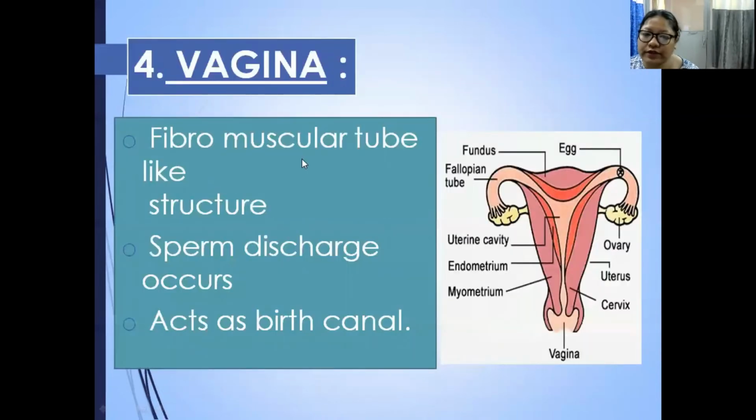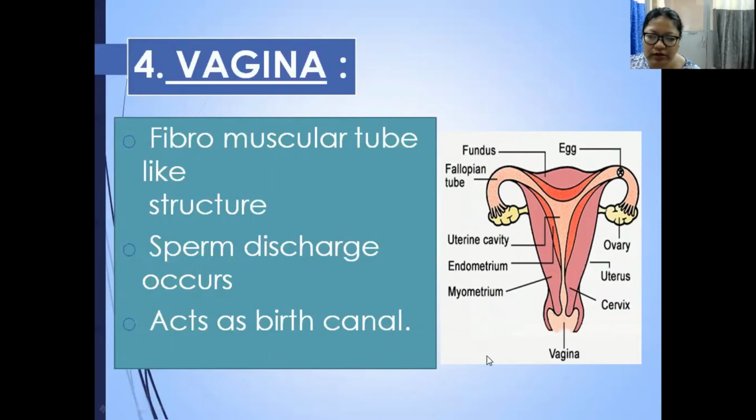Next, we have the vagina. It is a fibromuscular tube-like structure. That means it is a path through which all the discharge takes place. And it is in the vagina that the sperm discharge occurs. What do you mean by the sperm discharge here?